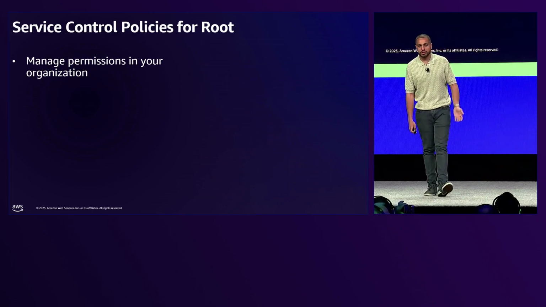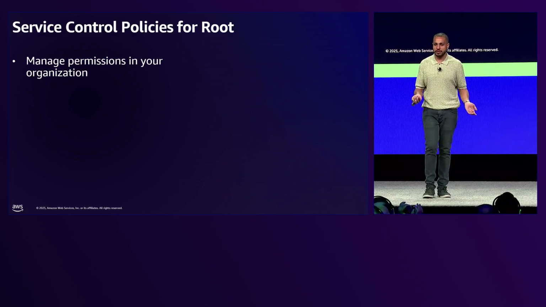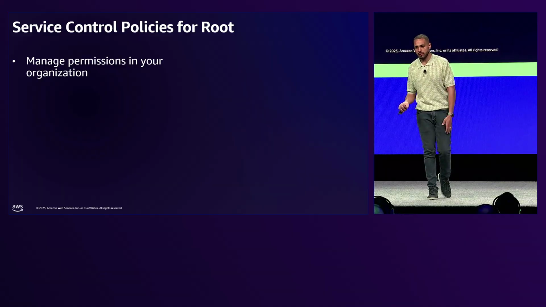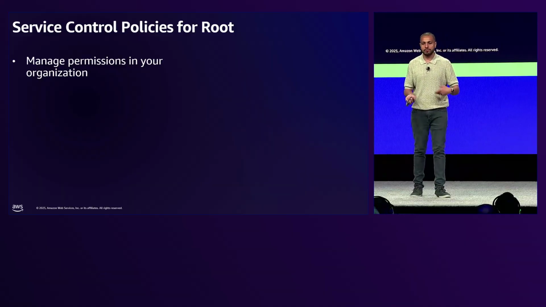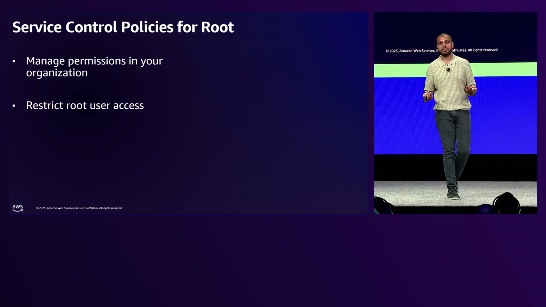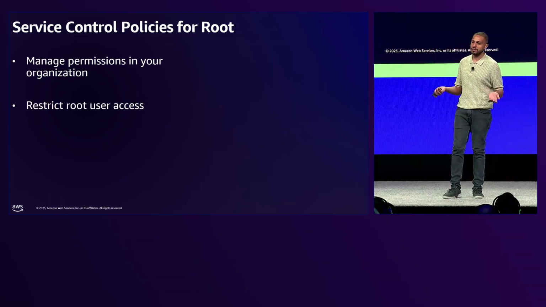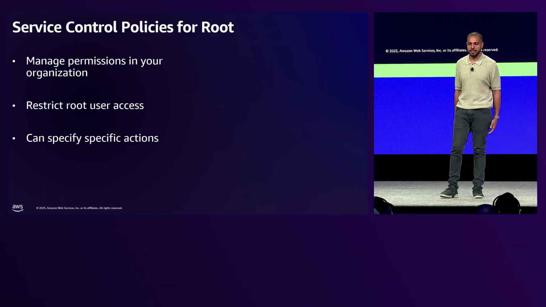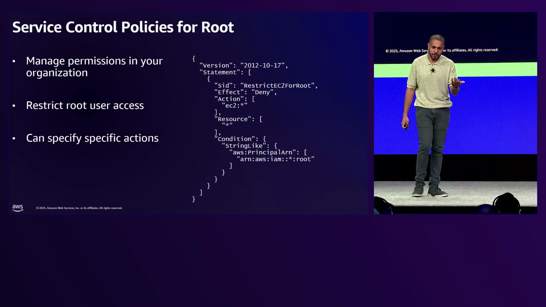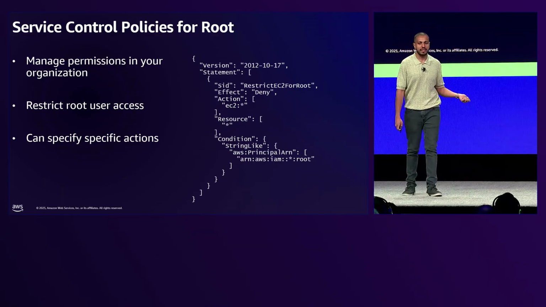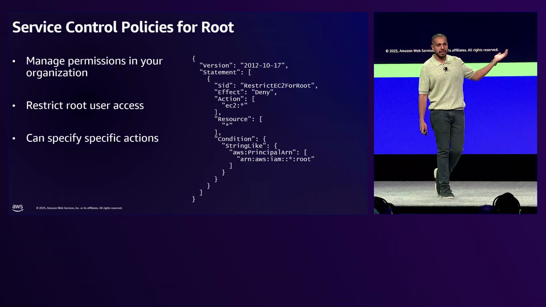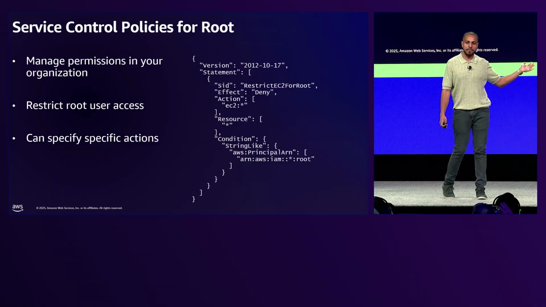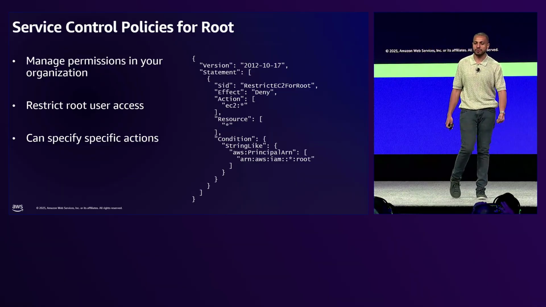Also, we've had service control policies, so root was not really left unprotected. Long before this feature that we're going to talk about, many customers used service control policies. Service control policies are a type of organization policy that help you manage permissions in your AWS organization. For example, the service control policy presented here denies every EC2 API call when the principal is root.